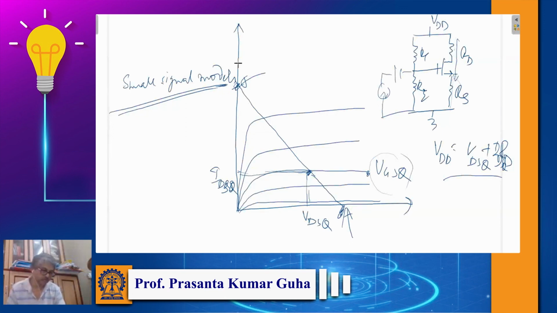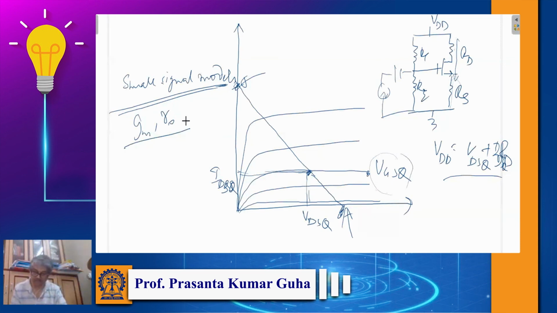We will find out the gain of the MOSFET amplifier. In that case we will have gm, we will have R0 and so on. We will not have RPi.